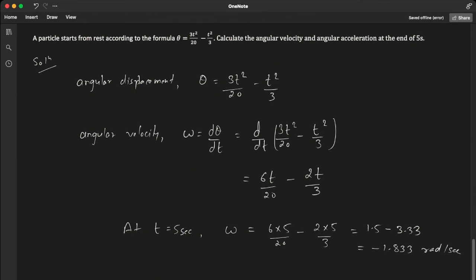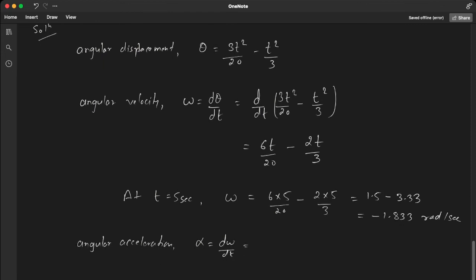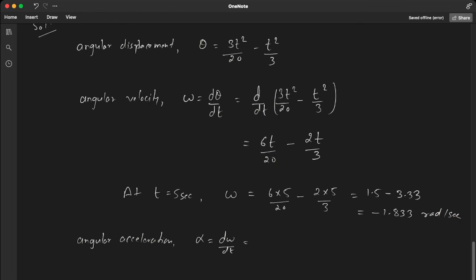per second. Again, we need to calculate angular acceleration. So angular acceleration is defined as alpha is equal to d omega by dt. So this comes to be d by dt of 6t by 20 minus 2t by 3.